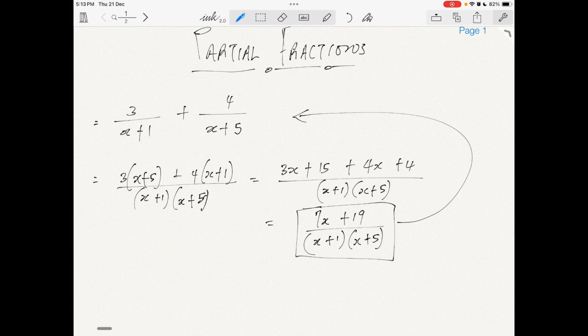The process of transforming a compound algebraic fraction into a sum of partial fractions is called resolution into partial fractions. By convention, our partial fractions must be proper, in the sense that the degree of the numerator must be less than the degree of the denominator. Also they must be in their simplest form, in the sense that they must not split into others.